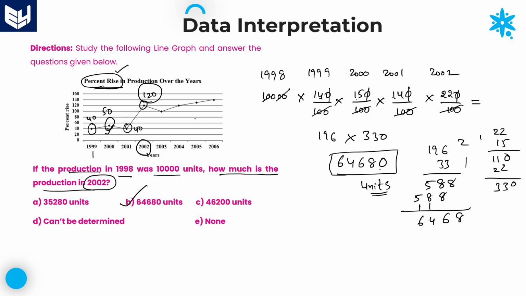Here the decrement is based on comparison with the previous year. The percentage rise decreases compared with the previous year, but not the values. Every year the values will increase. But compared with the previous year's increment, this year's increment is less. That is the meaning of this kind of statement.